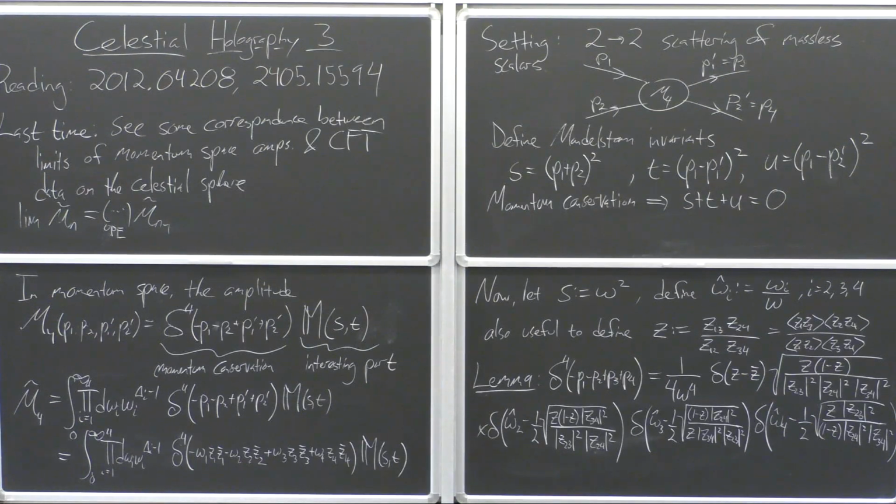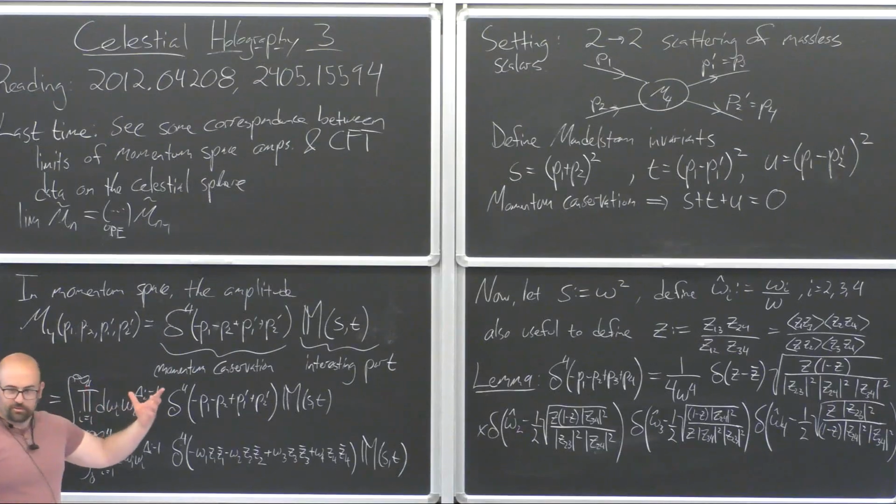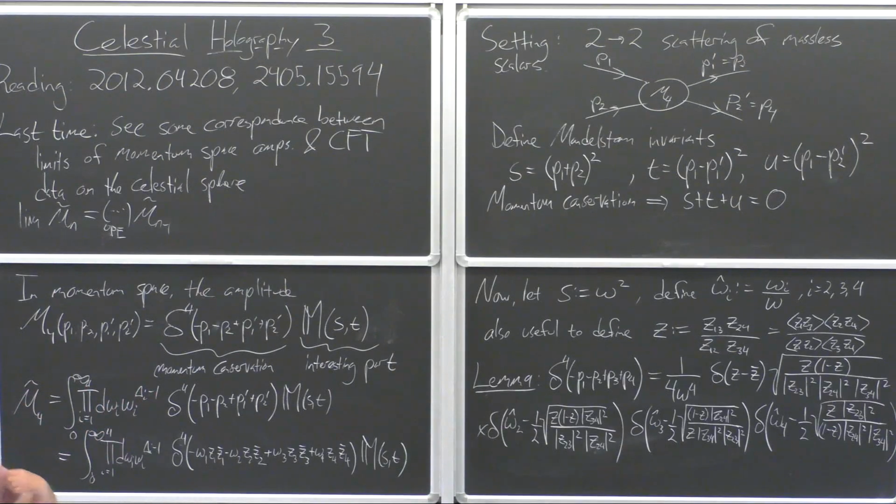Let me try to construct some intuition for you. What you know is that for this 4-point scattering amplitude, somehow really there's only one energy scale in the game, which is the center of mass energy.